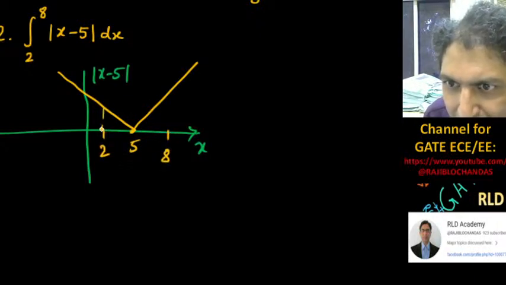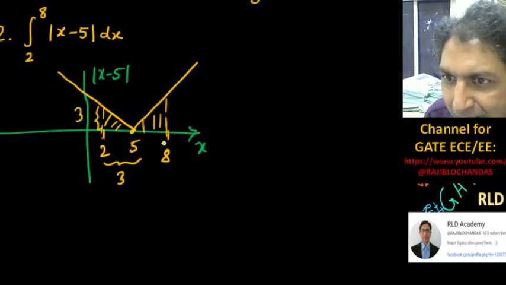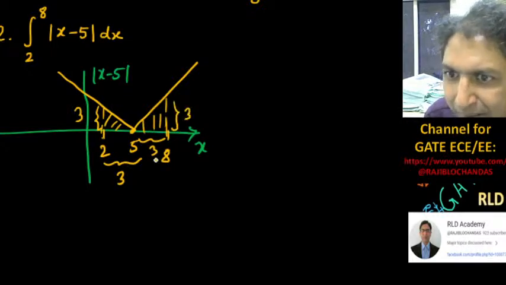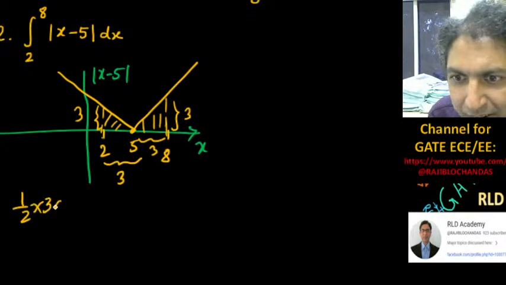Okay, so this area we need to find out, this and this. Again, this width is 3, so this height will also be 3. Again the same thing, so it will be half into 3 into 3 for the left hand side area.